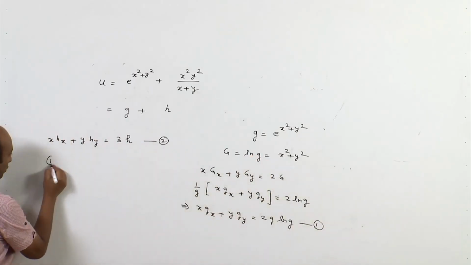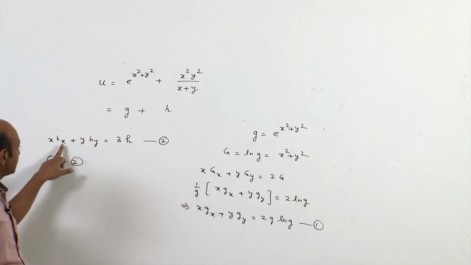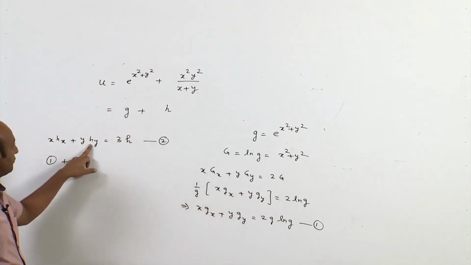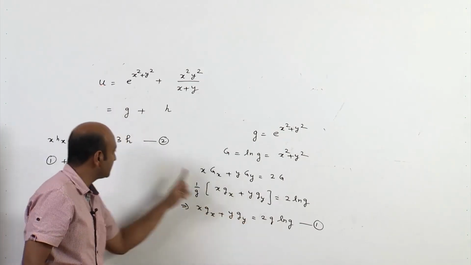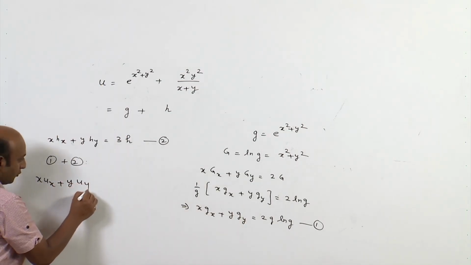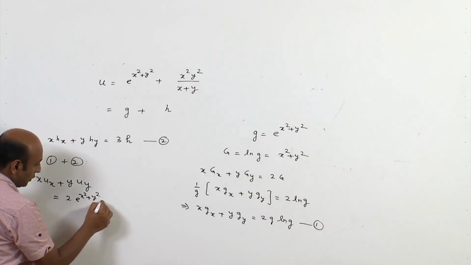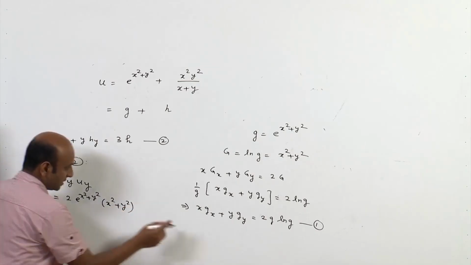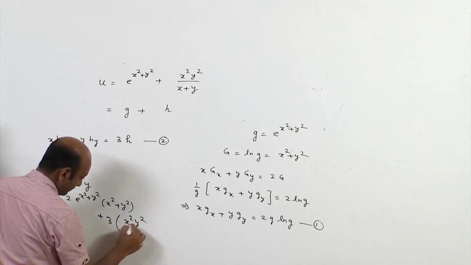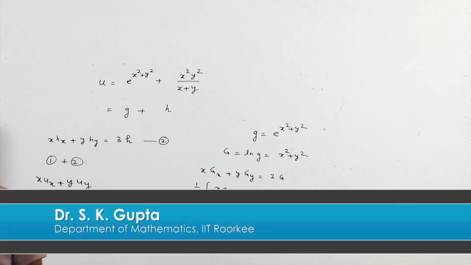So, what you will obtain? It is x times (gx plus hx), which is ux, y times (gy plus hy), which is uy, is equal to this plus this, and hence x ux plus y uy is equal to 2 times g, which is e raised to power x square plus y square, log g is x square plus y square, plus 3h. So that is how we can find out the value of this expression.